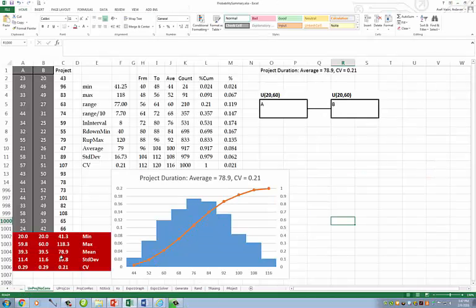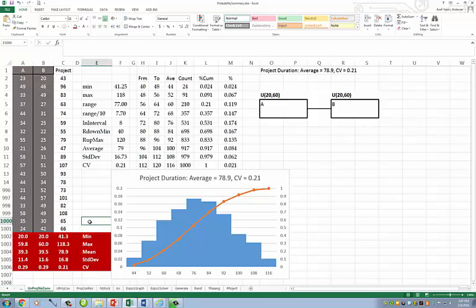One other interesting observation we have is that the coefficient of variation of the project duration compared to the coefficient of variation of each activity is smaller. Therefore, those ups and downs also reduce the standard deviation of the summation of those numbers compared to the average.